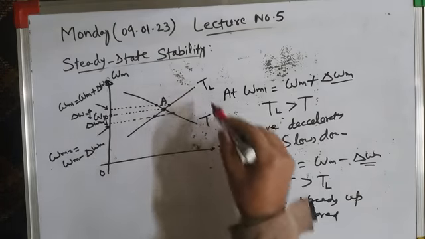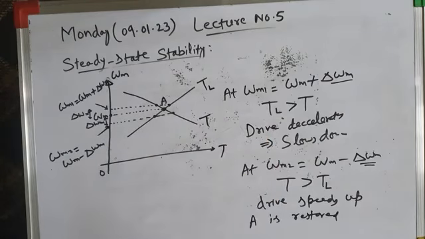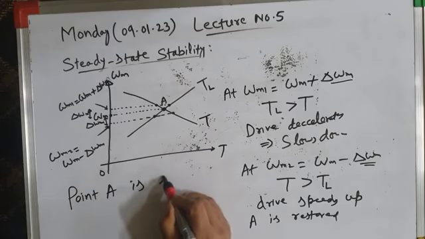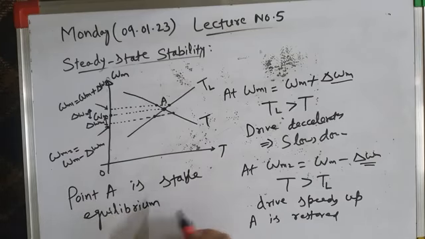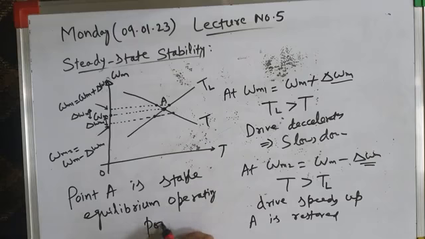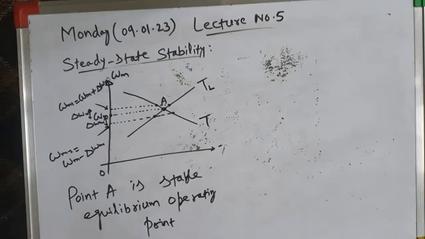Hence this type of motor torque characteristic and load torque characteristic gives a stable equilibrium operating point. So we can clearly say that point A is a stable equilibrium operating point. Okay, so let us take another example.